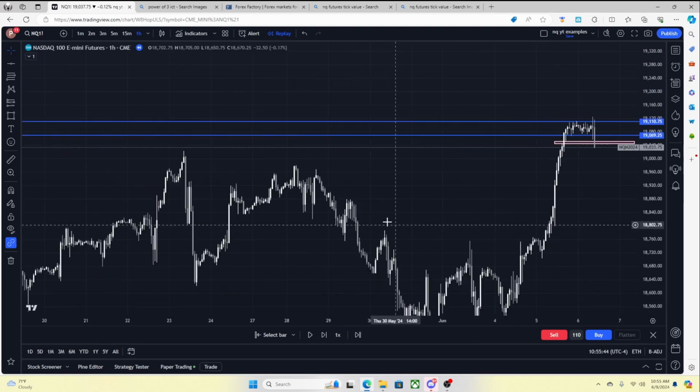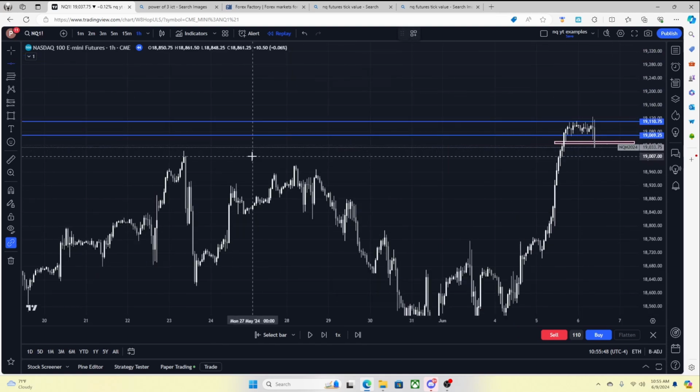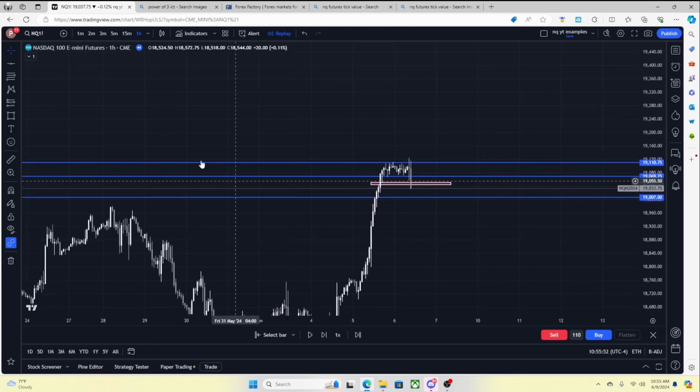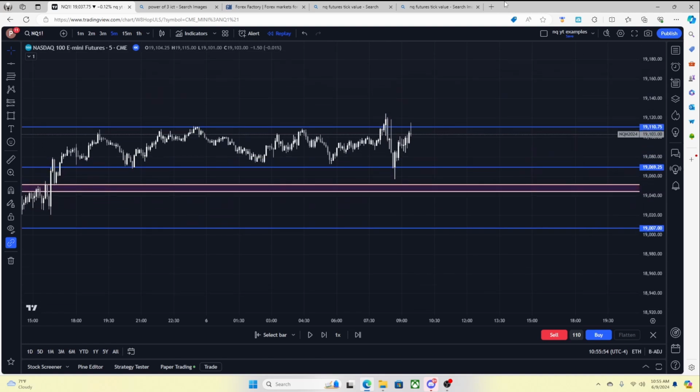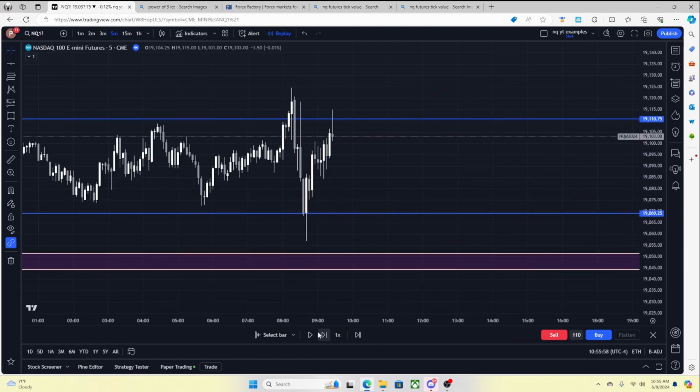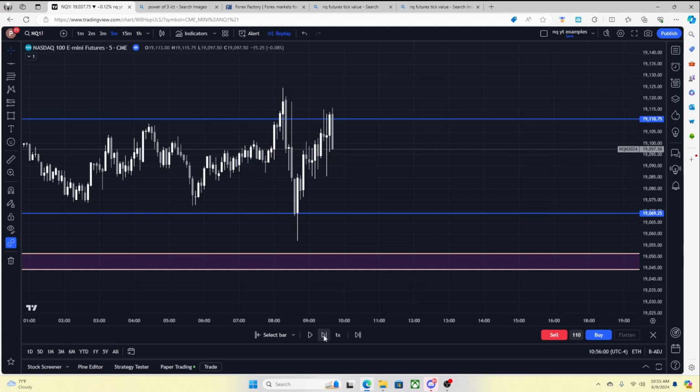Other than that, we have resting liquidity right around this level. Other than that, there's not much at all. So let's see what happened.